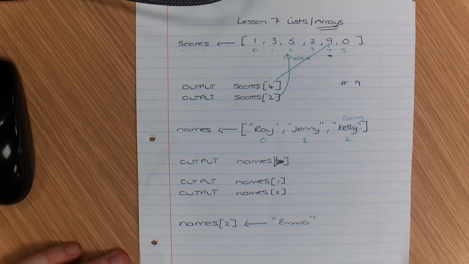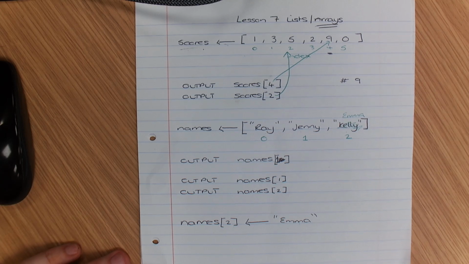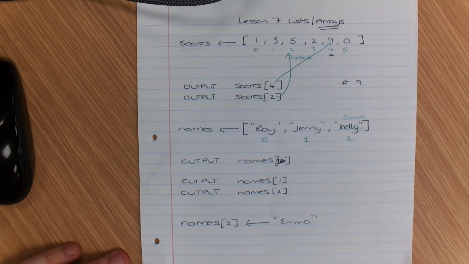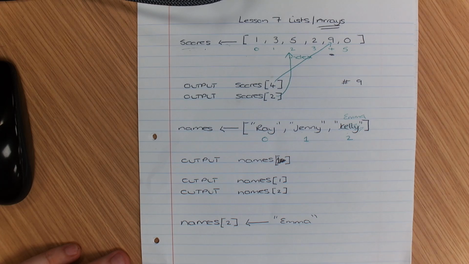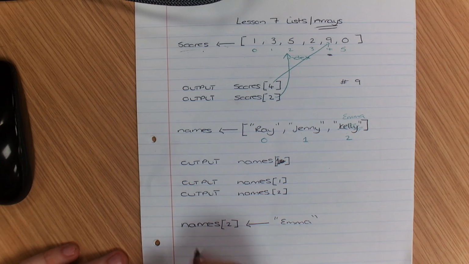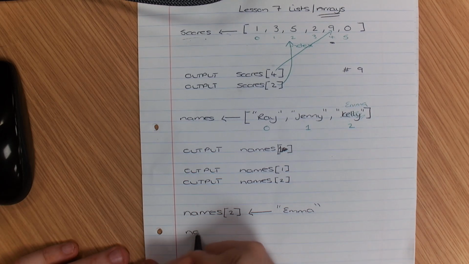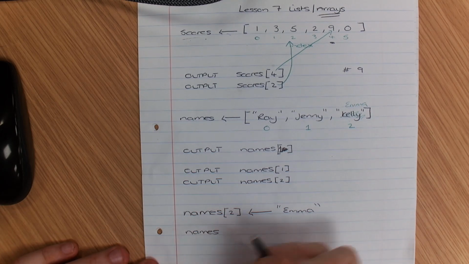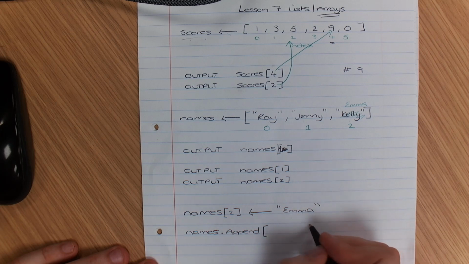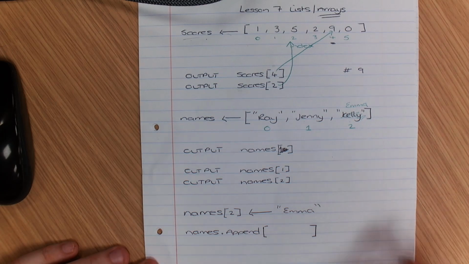Now, although in the AQA pseudocode there isn't actually a way of adding to the end, what you might want to do if you need to add another item is I would personally do names dot append, and what you can do is you can add to the end of the list.